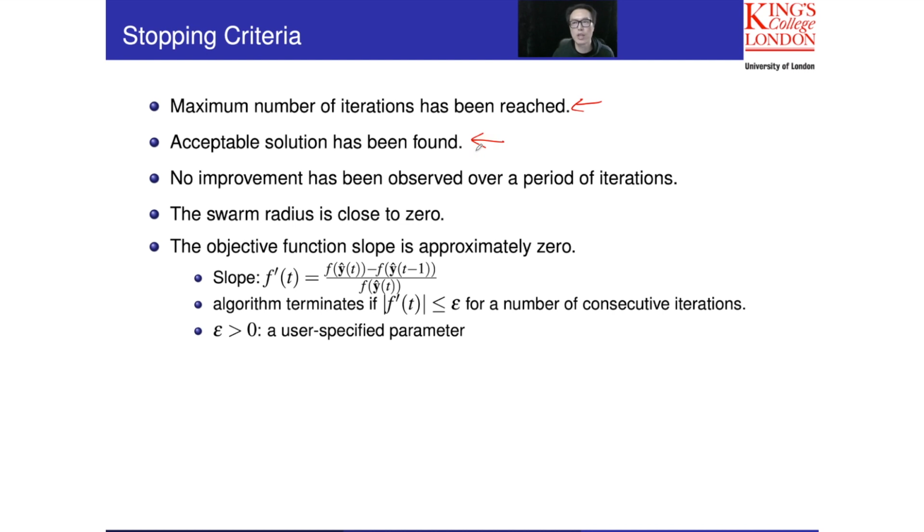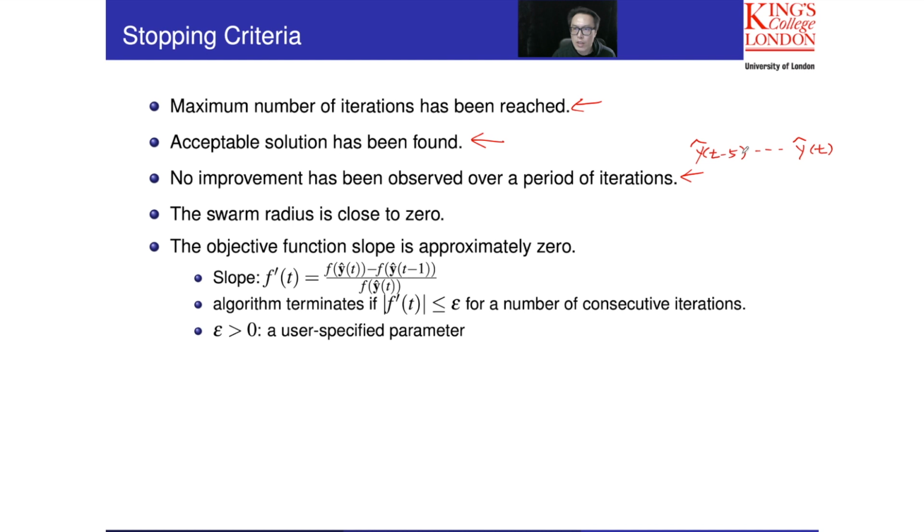Say we would like to have the cost lower than 1000, and if the condition has been met, stop. Or we check whether low improvement has been observed over a period of iterations. For example, we check the global best, maybe from t minus 5 up to the current iteration t.